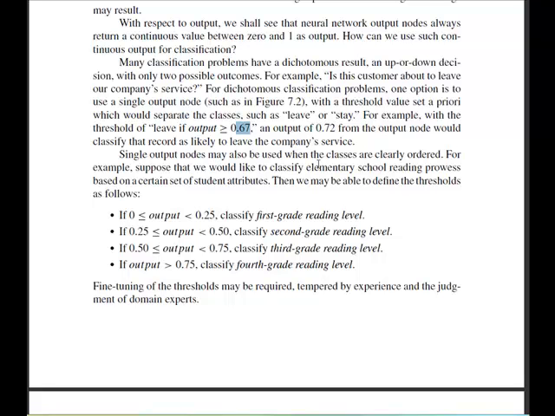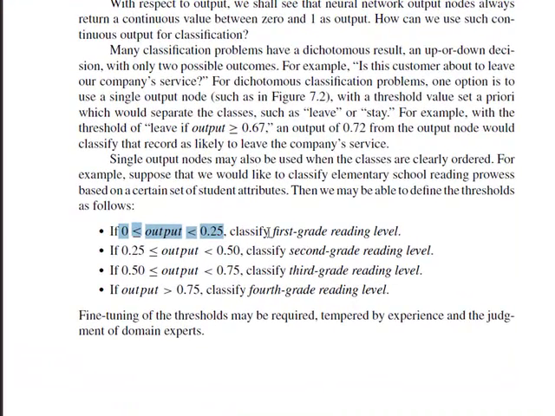Based on a certain set of inputs about the student, we may be able to find the thresholds as follows. If the output is between 0 and 2.5, classify them as first grade reading. If it's between here and here, classify them as the next grade. So we can use this scheme also for classification.